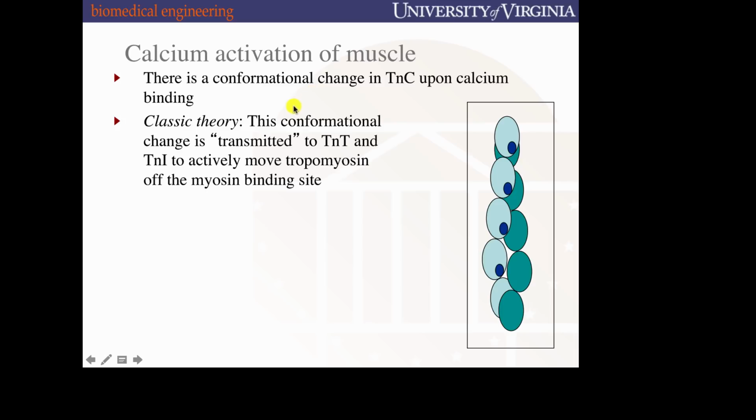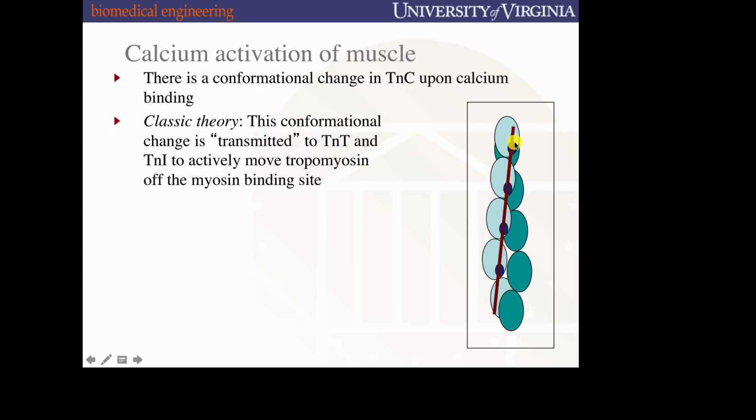And there are two theories about how this is transmitted into a disinhibition impact. The classic theory is that this conformational change in TNC is, quote-unquote, transmitted into TNT and TNI to actively move. So that would be the key here, is it's actively moving tropomyosin off the myosin binding site.